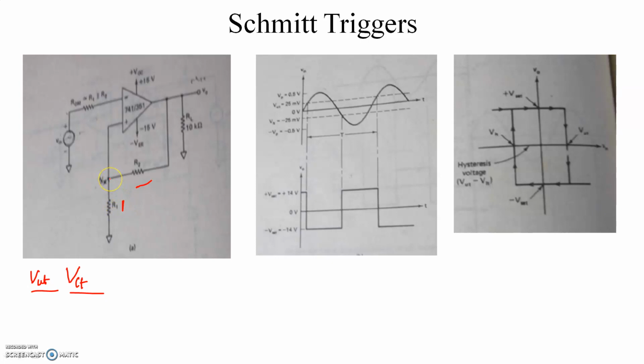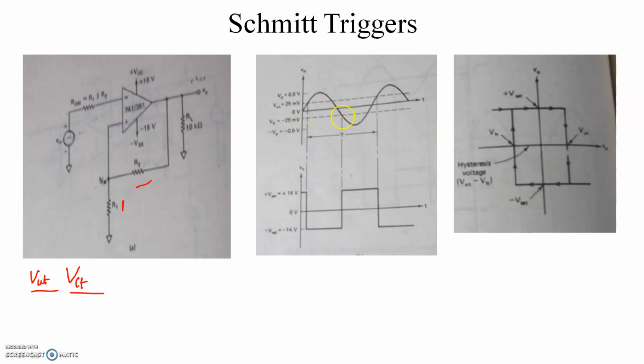This negative saturation continues. When the output switches to negative saturation, the voltage across R1 switches to the lower threshold voltage VLT, and the input voltage is compared with it.